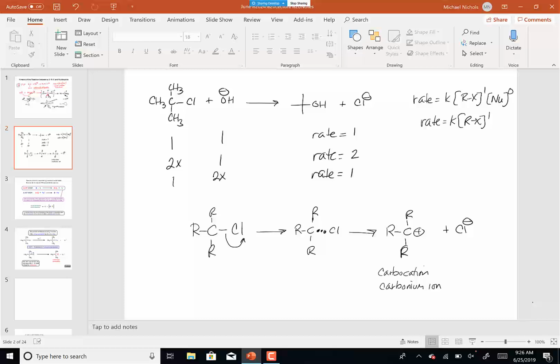On the left, what's the charge on the carbon? 0. On the right, +1. Carbon, delta plus. So the carbon is delta plus because it's on its way to a positive charge. The chlorine then would be delta minus.